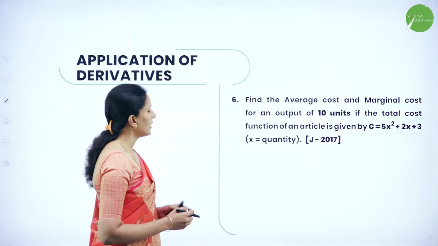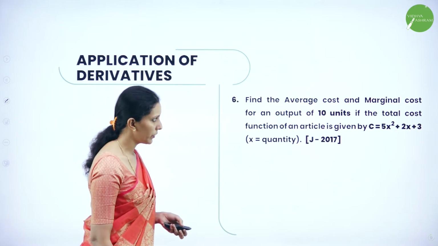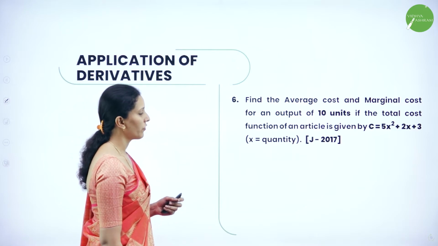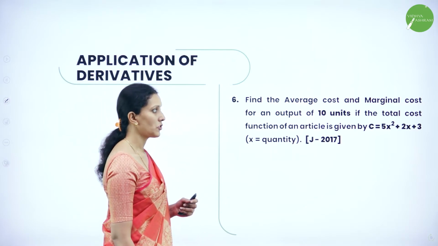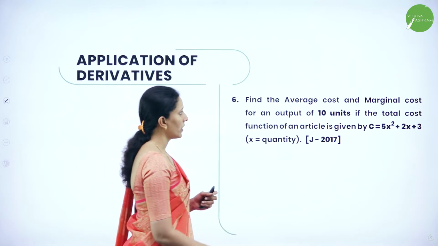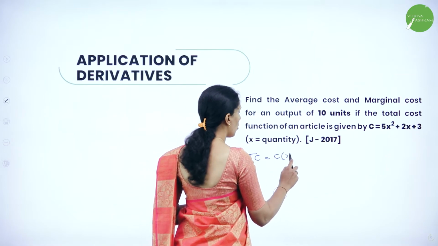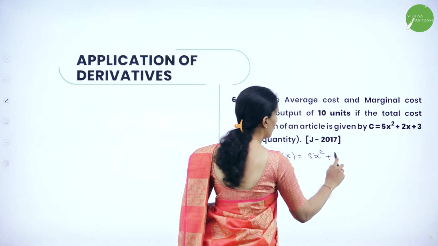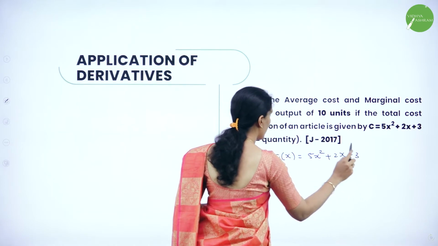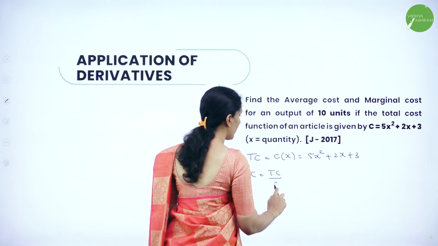Next one, find the average cost and marginal cost of an output of 10 units if the total cost function of an article is given by C is equal to 5x square plus 2x plus 3. Here the total cost function, that is C of x, is given in the form of 5x square plus 2x plus 3. Average cost is nothing but total cost divided by x.